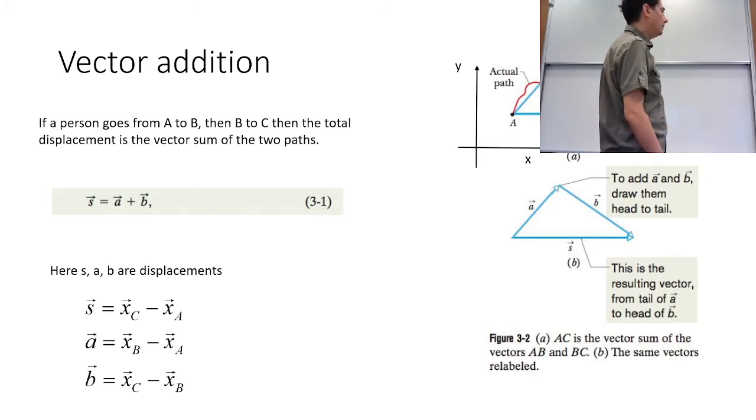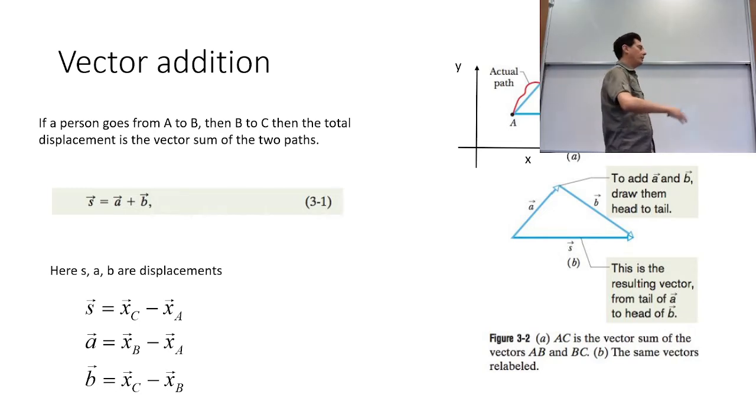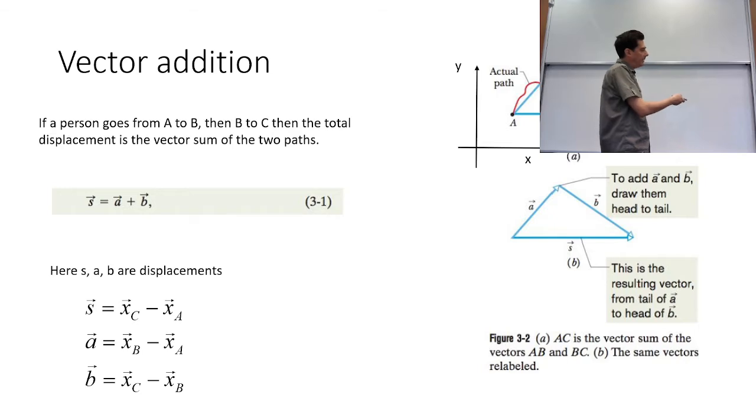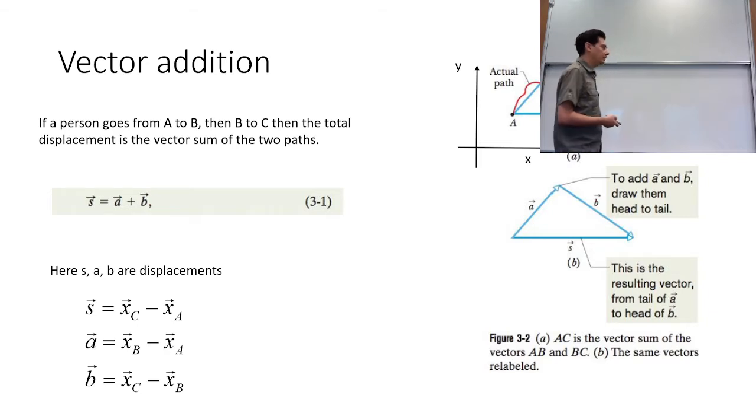In terms of displacements, if you had two separate paths and you wanted to work out where you end up after 2 displacements, say A and B, then you just add those vectorially. The total displacement of the 2 displacements would be A plus B, where A and B are vectors.